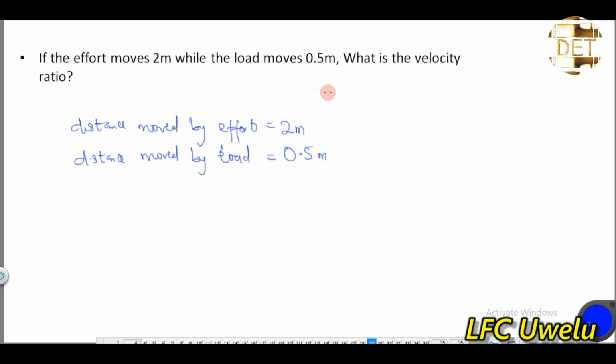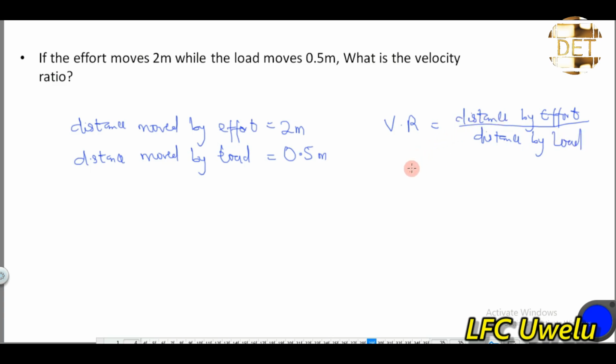Like we said, velocity ratio is the ratio of the distance moved by the effort to the distance moved by the load. So velocity ratio VR is equal to distance moved by effort over the distance moved by the load.